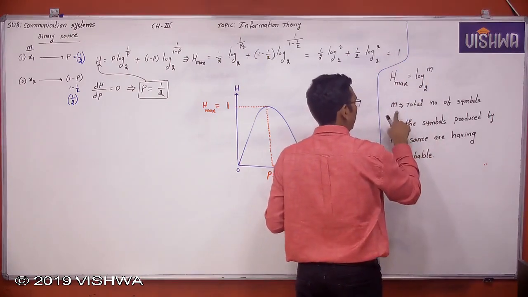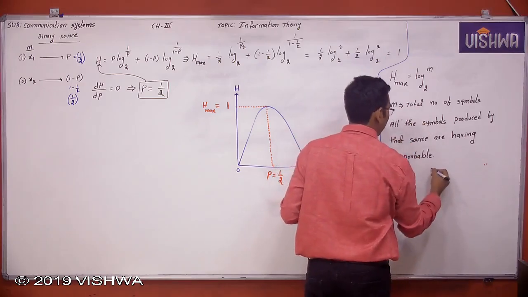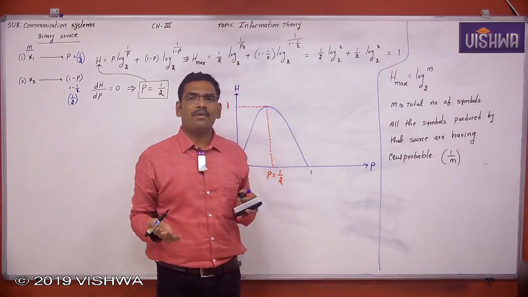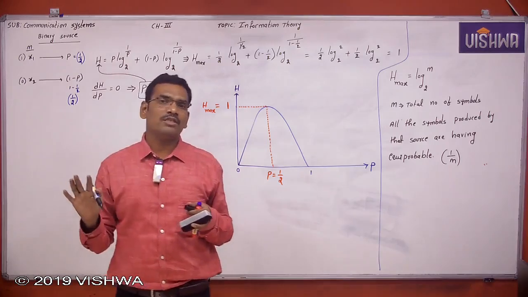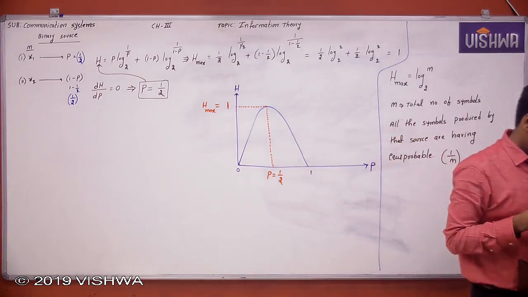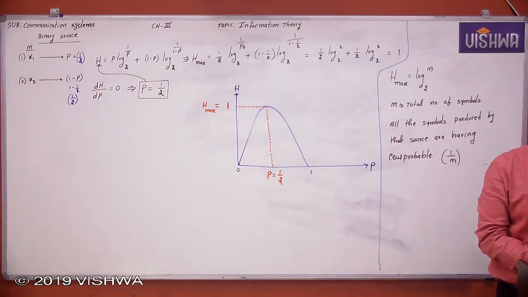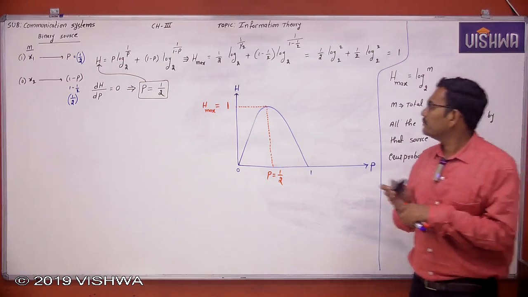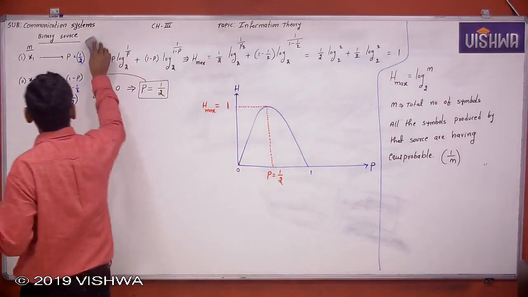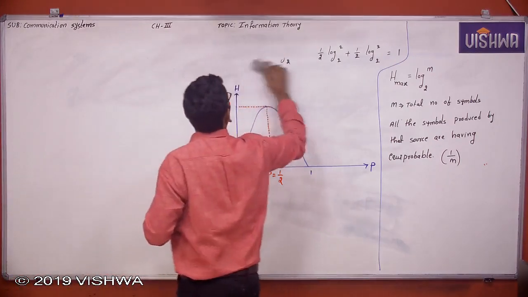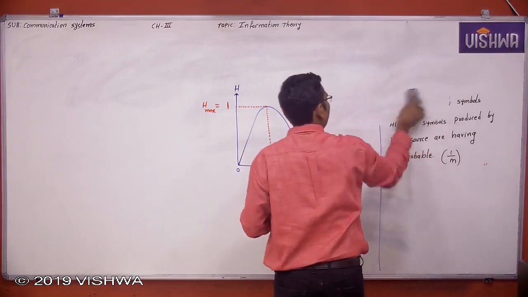This means there are M symbols, therefore each symbol has a probability of 1 by M. If there are 10 symbols, each symbol has a probability of 1 by 10. Then that source is generating maximum entropy. This is the maximum entropy concept. So this is the way you can calculate the maximum entropy.